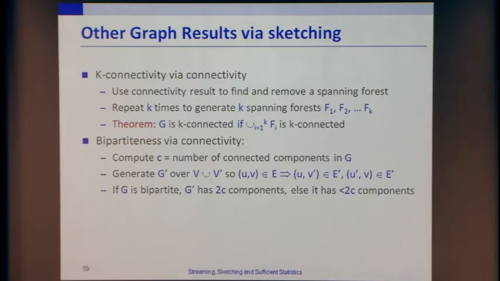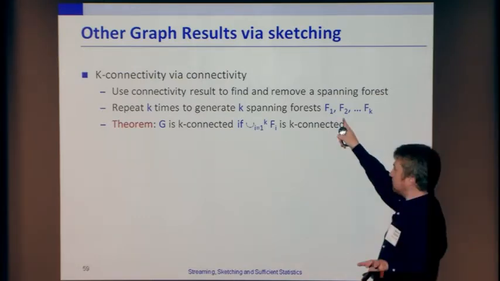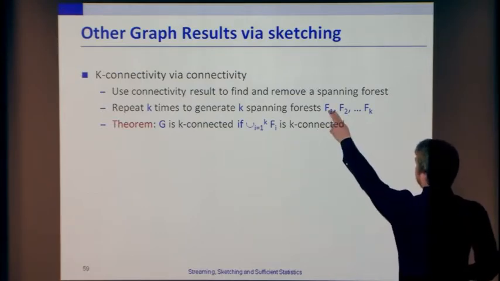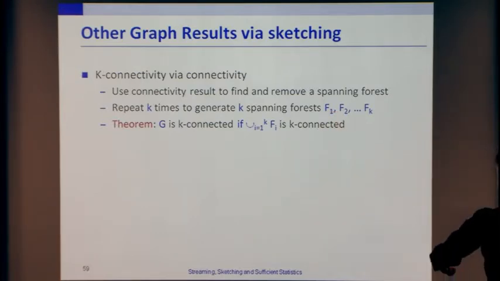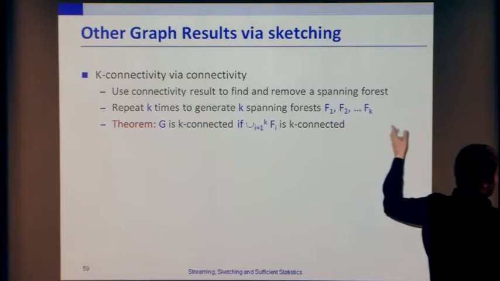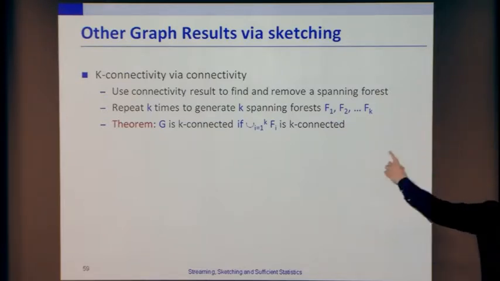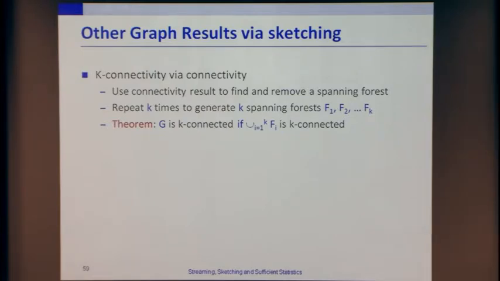So what that would mean is we would run that process I just told you through once to generate the first spanning forest, come up with a set of fresh sketches, remove those edges in that spanning forest from the graph, look at the spanning forest of the next graph with those edges removed, and so on.